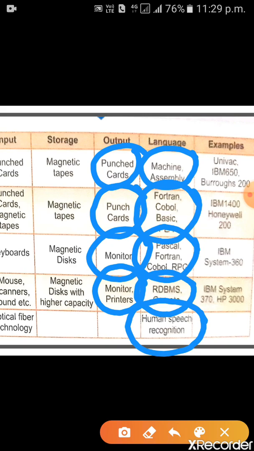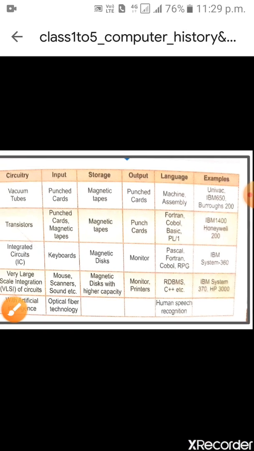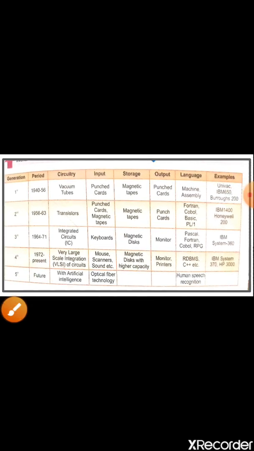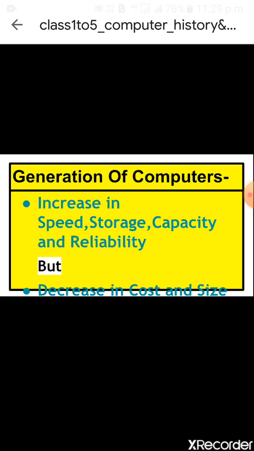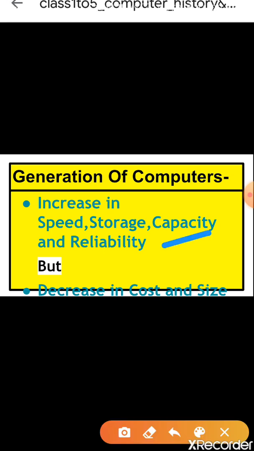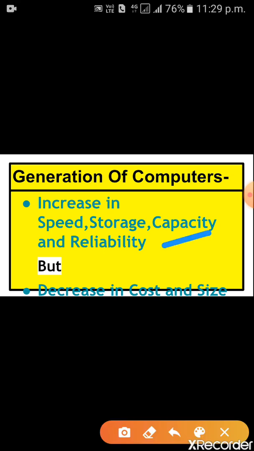Now children, this is the table of generations of computer. With each generation of computer, the speed and storage are high, and capacity and reliability increase, but the cost and the size of the computer decrease.